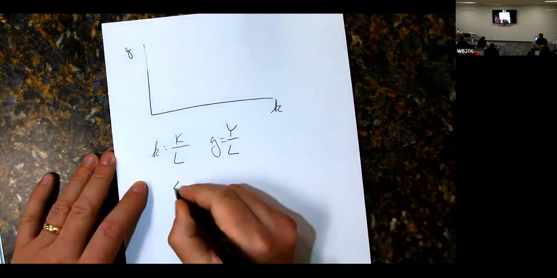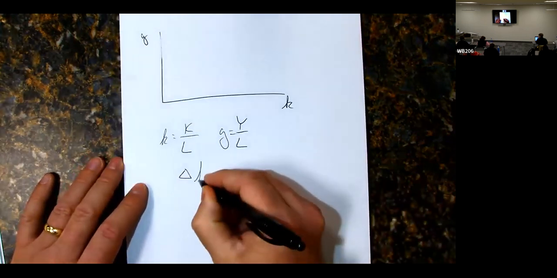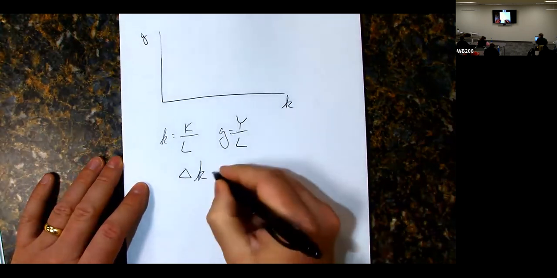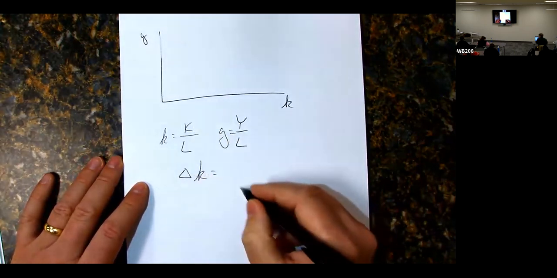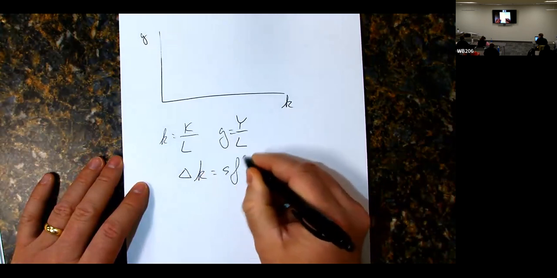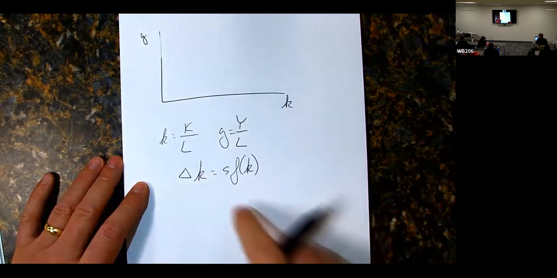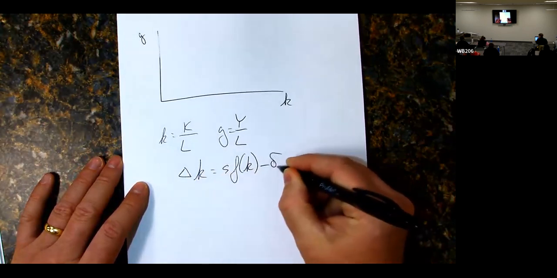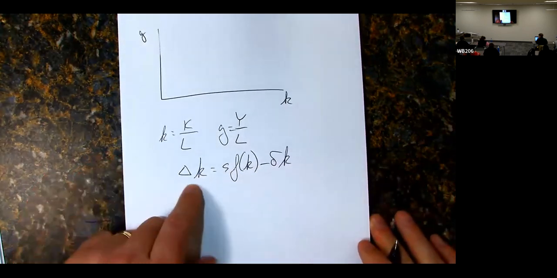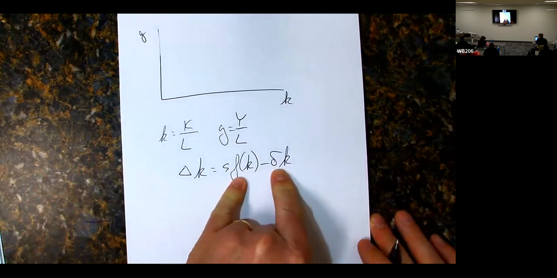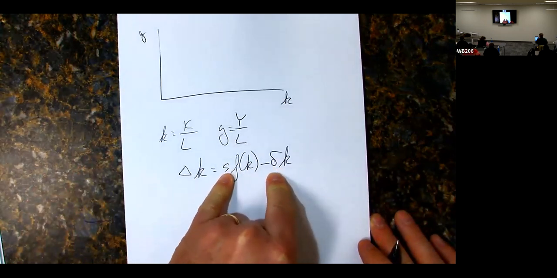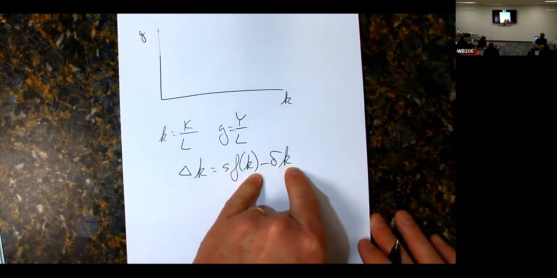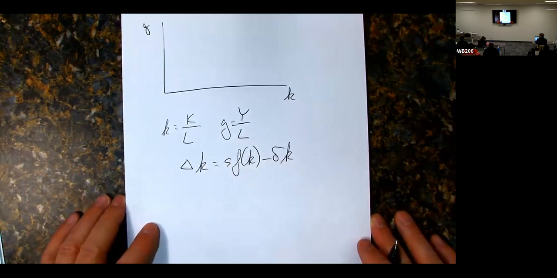And from that, we get this equation that a change in output per worker results in a change in total output, a change in savings, and depreciation. So capital changes based upon the relationship between output as conditioned by savings and depreciation of existing capital.